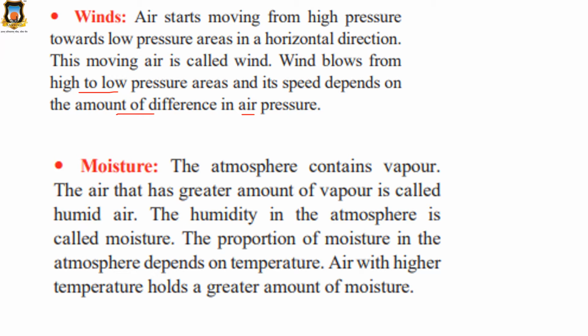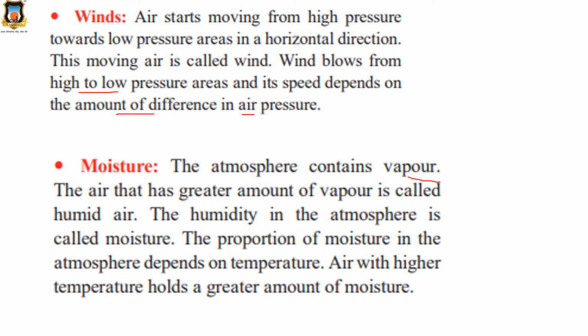Moisture. The atmosphere contains vapor. You all must know what vapor is. The air that has a greater amount of vapor is called humid air. When it is going to rain, mostly the weather is humid.